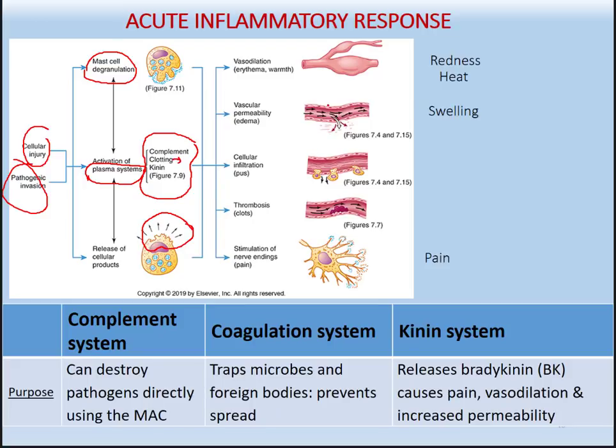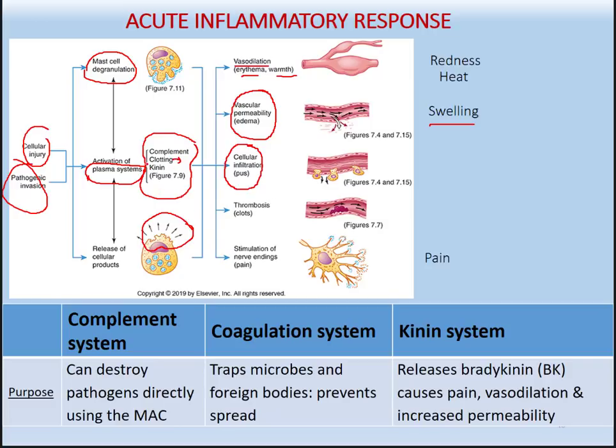Now, in terms of what results we get from this, vasodilation, this is going to cause redness and warmth. We're going to see vascular permeability. Remember, with vascular permeability, it's going to lead to edema or interstitial swelling. You'll see the infiltration of cells that will eventually lead to the formation of pus, or what is called a purulent exudate.